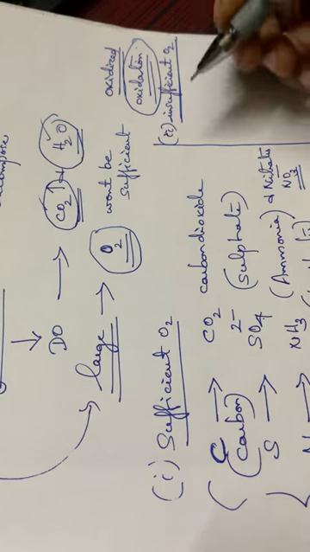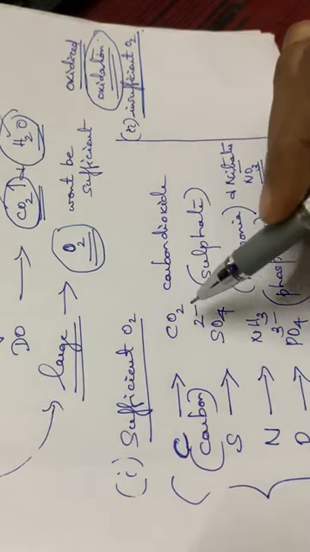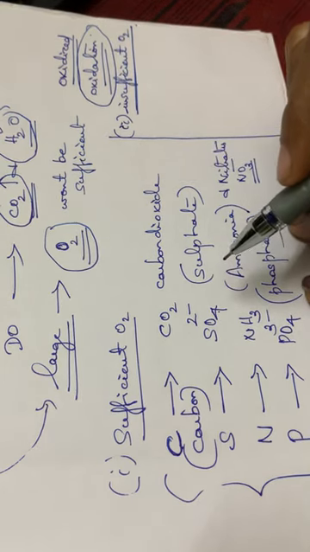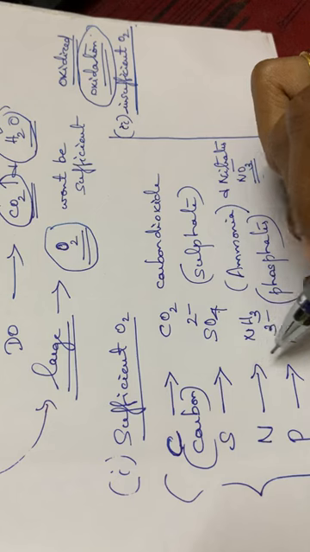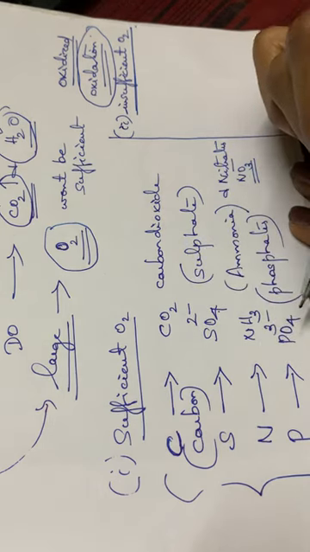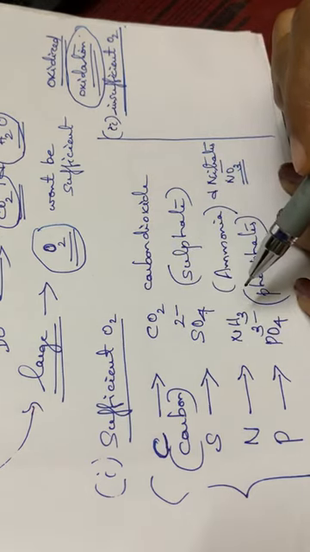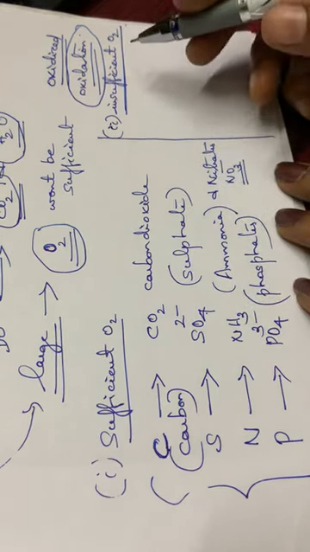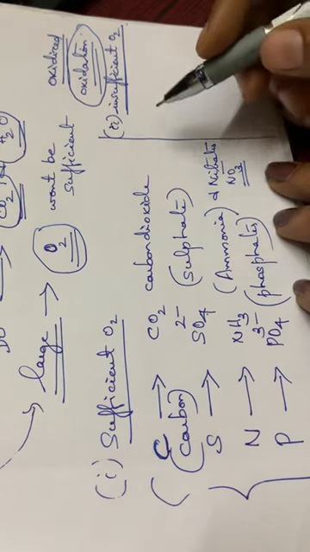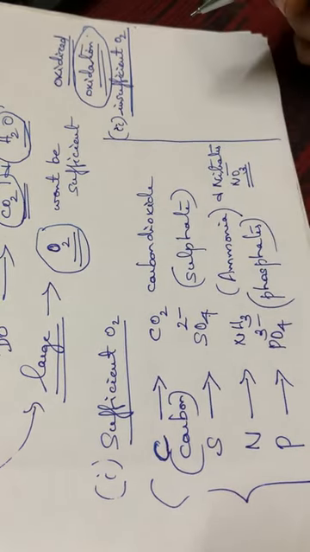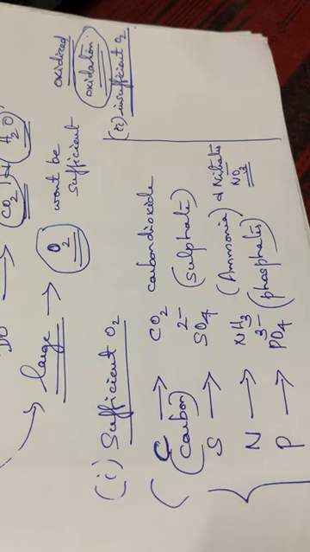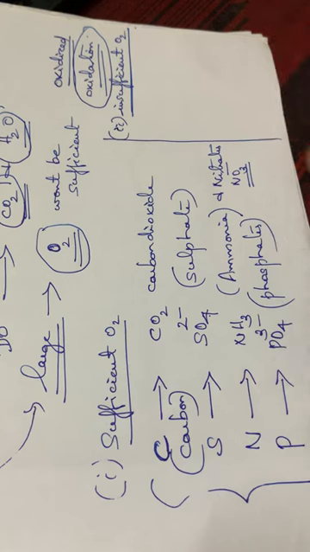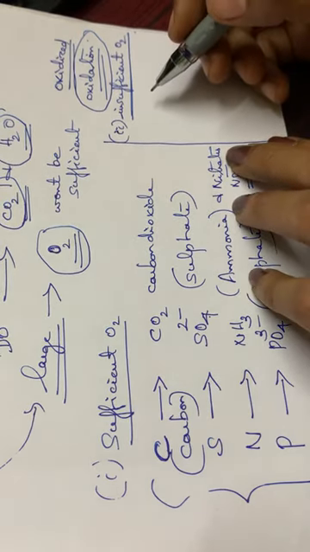The oxidation will not take place fully, so only a partial oxidation will take place. The compounds formed in the first case are comparatively not so harmful. But if sufficient oxygen is not there, the waste will be converted to other compounds with a very high offensive smell, such a bad smell that we can't stay near that water body.